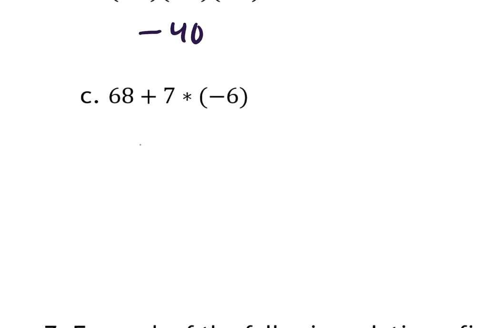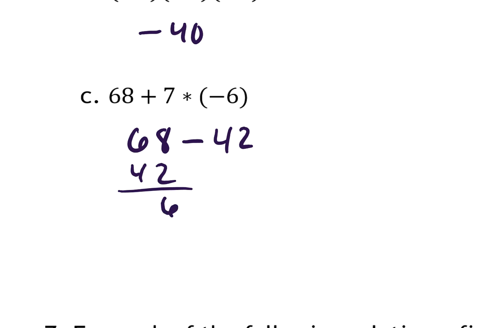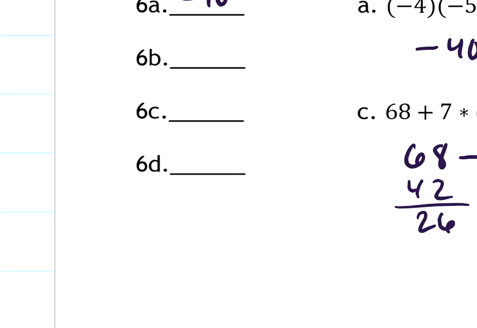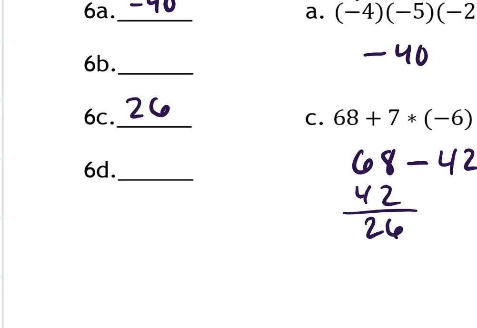C is 68, and then minus 7 times negative 6, which is 42. So 42, 8 minus 2 is 6, and 6 minus 6 minus 4 is 2, so we've got 26. And I forgot to write the negative 11 here.